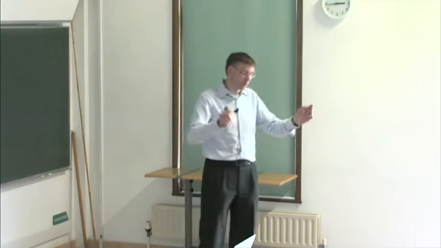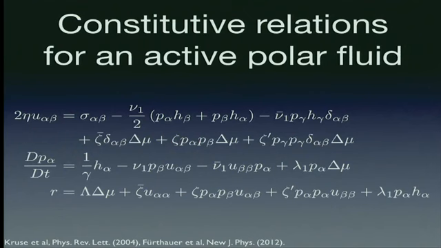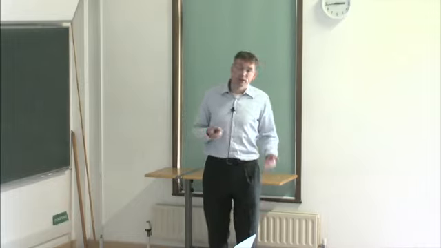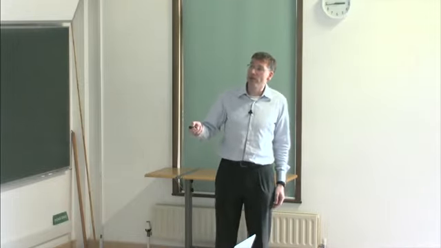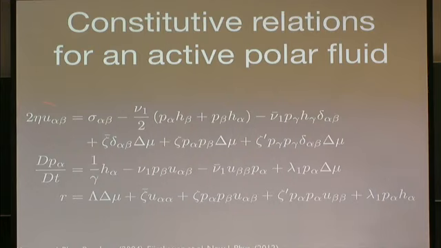If you again turn the crank, you come up with the constitutive equations, and these are basically familiar to you if you work with nematic liquid crystals. So forget about this line and forget about this term. Then basically what you see here are nothing else than the nematodynamic equations, right? So you have the equations for the, I'm sorry, this used to be v alpha beta, the rate of strain tensor.